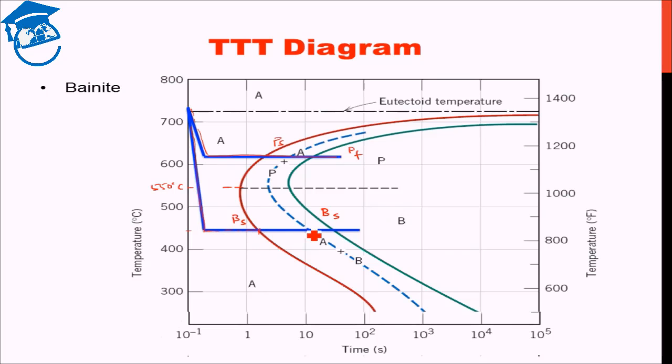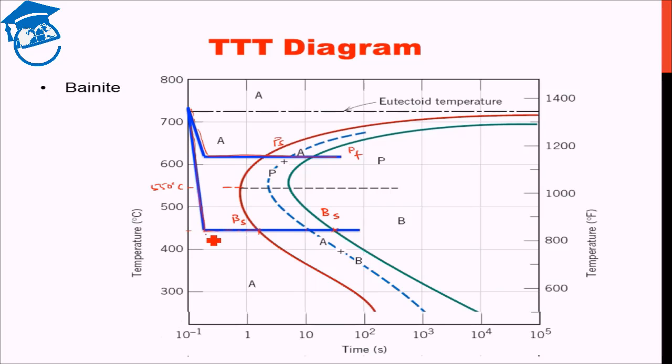At around, let's say, 10 seconds we have 50% bainite formation. At around 50 seconds we have 100% bainite formation. So we see that the driving force is sufficient for nucleation. Now what is driving the kinetics is the rate of diffusion.